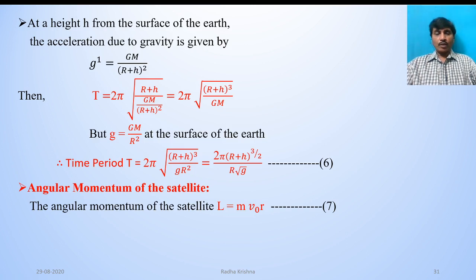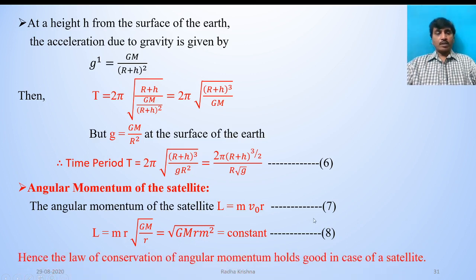Therefore L is equal to m v0 into r, that is the equation 7. Now L is equal to m r into square root of GM by small r, that is equal to square root of capital G into capital M into small r into m square, that is constant. Hence the law of conservation of angular momentum holds good in case of a satellite.